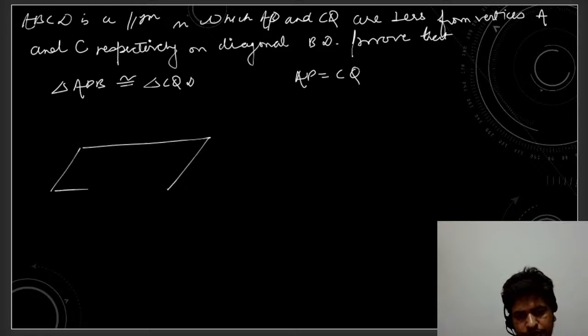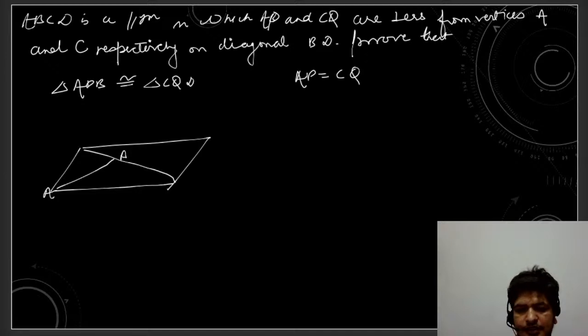This is a parallelogram that you can see. Now this is a diagonal that we are drawing, and now we can see that this is a perpendicular AP. Okay, and CQ is also perpendicular, so this is CQ, so we will write this one as B, this one is D.